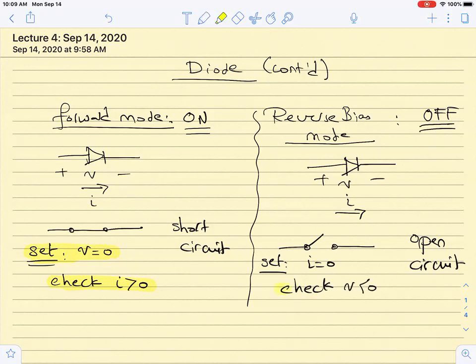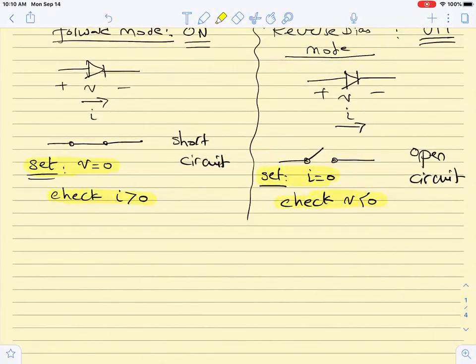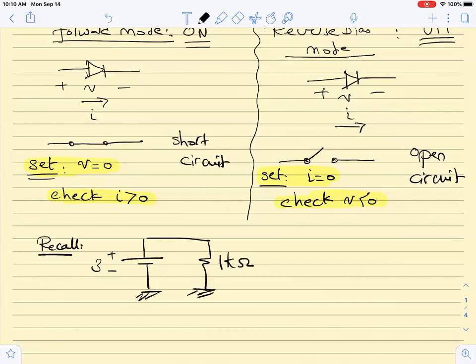What does this mean? When I have a resistor R in the circuit, typically what do I apply? Let's go back and recall: when we had a voltage source, let us say 3 volts, and a resistor of 1 kilo ohm, how did we solve this?